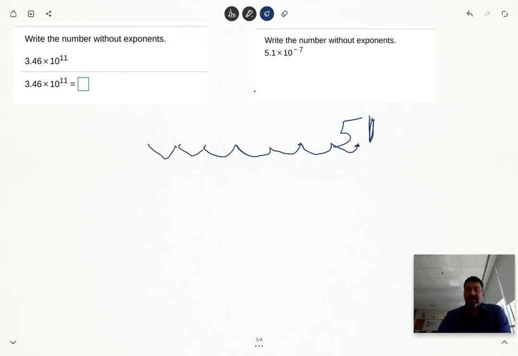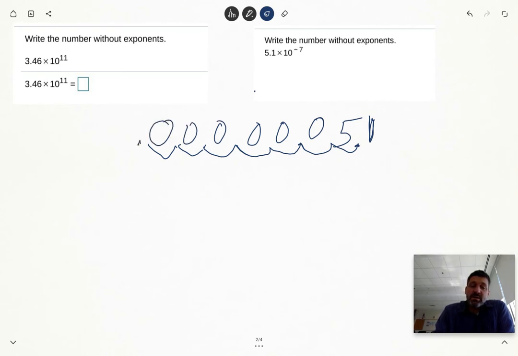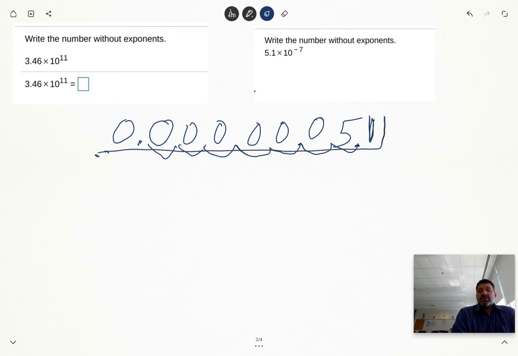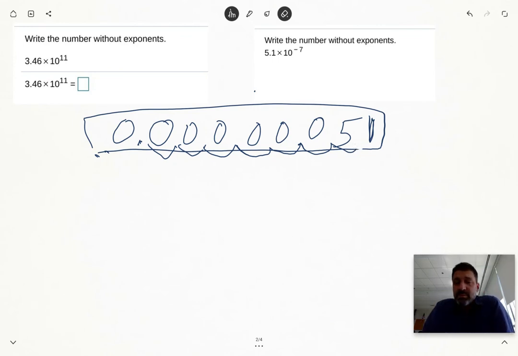Notice again, I did not add 7 zeros. I moved the decimal point over 7 places. The decimal point goes there, and we'll have one zero in front of the decimal point. Our decimal point here is gone. We moved it to the left. So that's the expanded form of 5.1 times 10 to the negative 7.